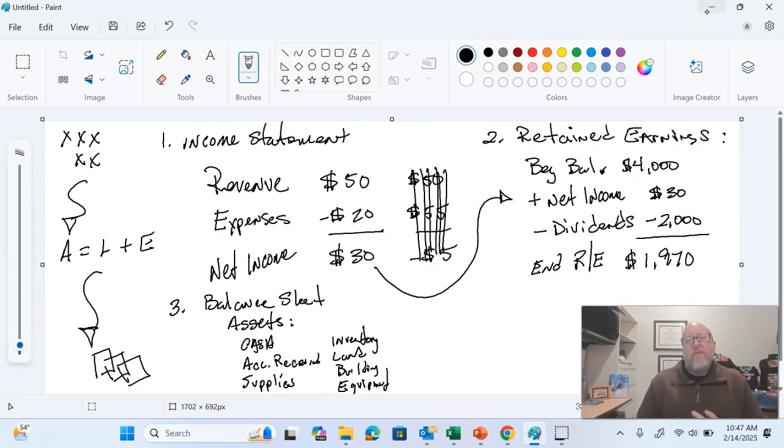Okay. The second category on the balance sheet is what we refer to as liabilities. And liabilities, the layman's explanation, those are all of the obligations of the business. So if we owe anybody money or if we are obligated to do something for somebody, that would be what we refer to as liabilities.